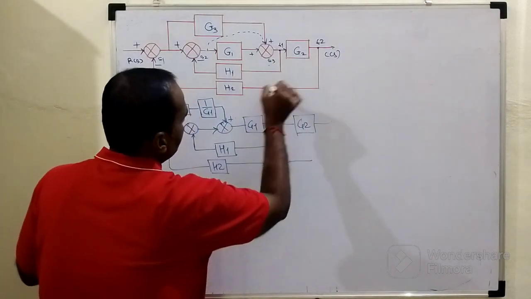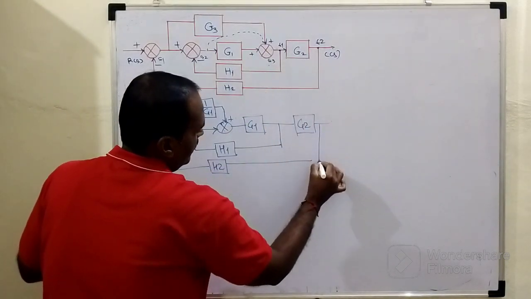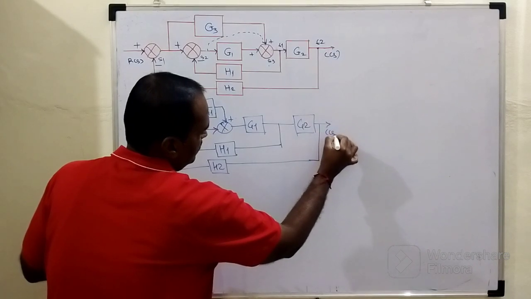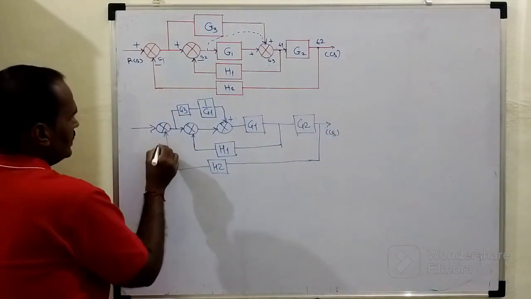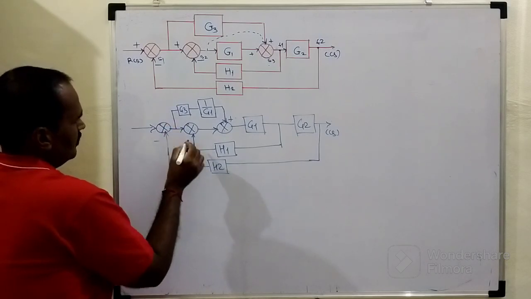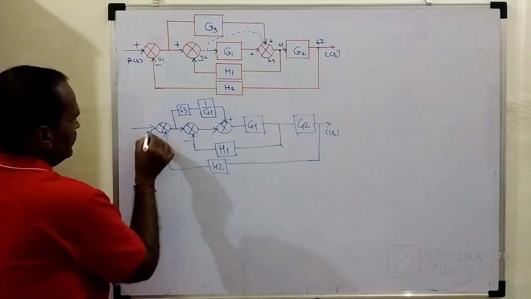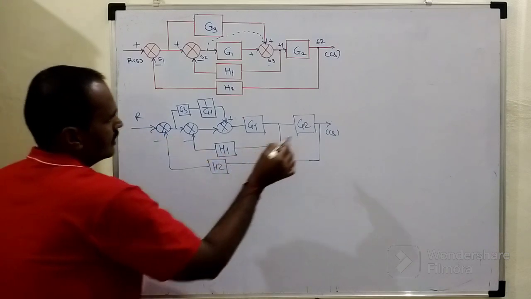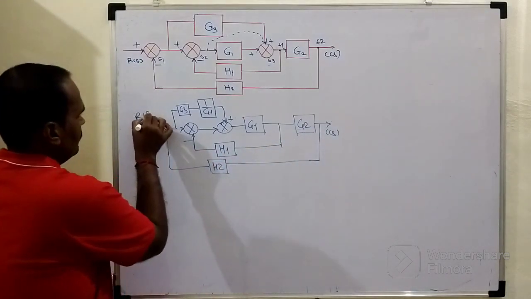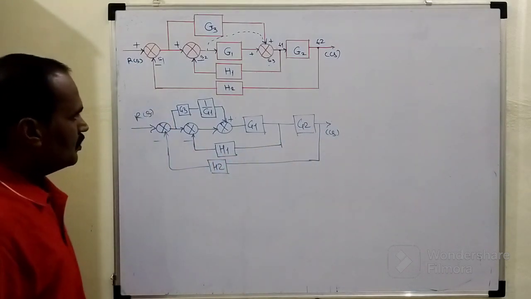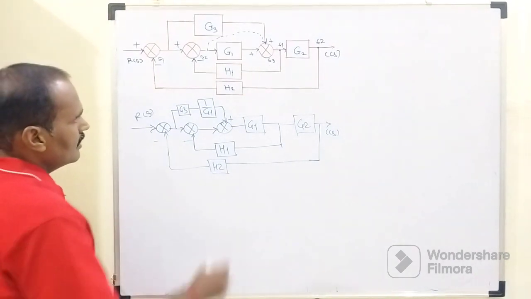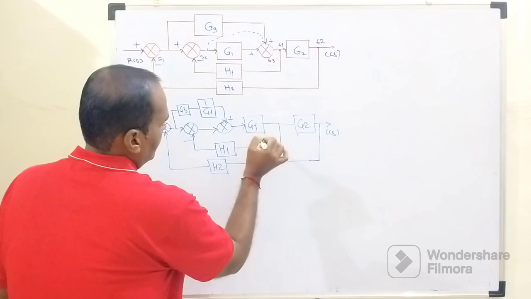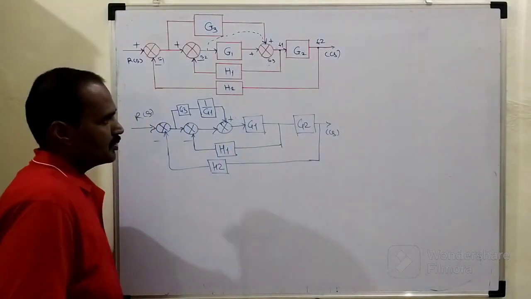H2 is terminated after this G2, and this is C of S. So this is how your system will look. Again we need to follow the same polarity here. This is negative, negative. This is R, and this is C.